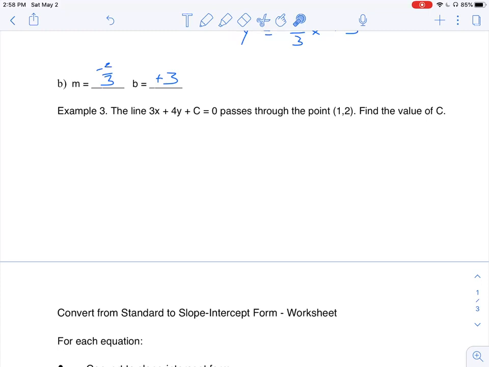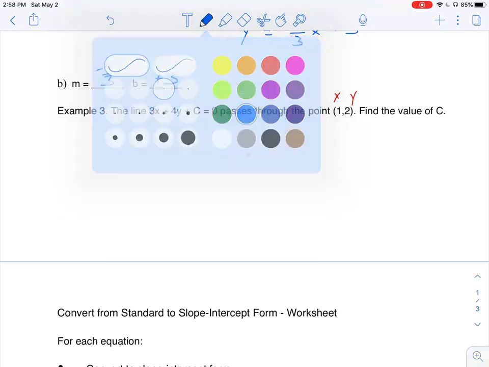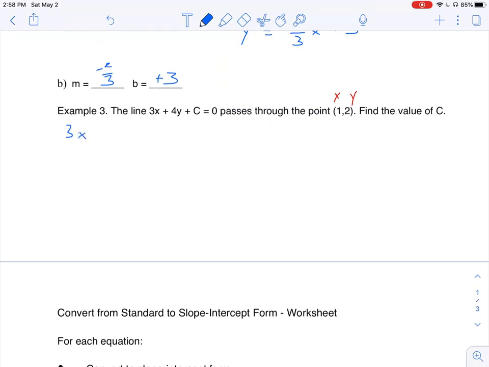Now, it just so happens that we can do that by subbing in our x and our y values, right? In this case, we're going to sub in 1 for x, and then our y value is 2. I'm going to sub in the 2 for the y in the equation. So 3x plus 4y plus c equals 0, but I know that my x value is 1, so it would be 3 times 1 plus 4 times 2 plus c equals 0.